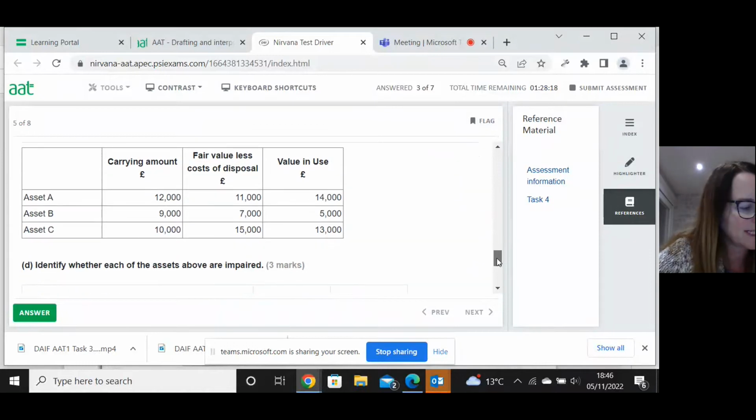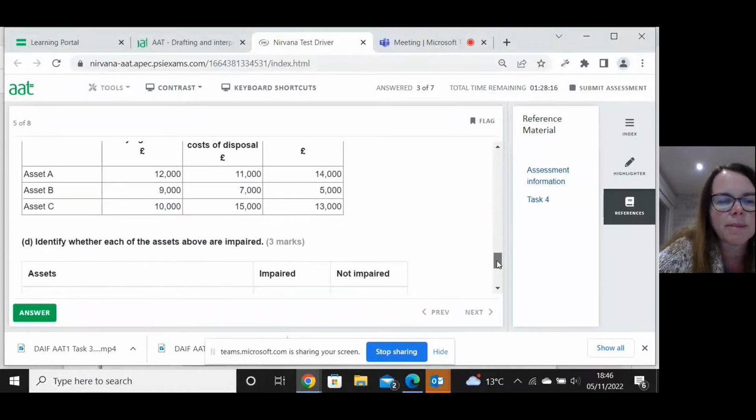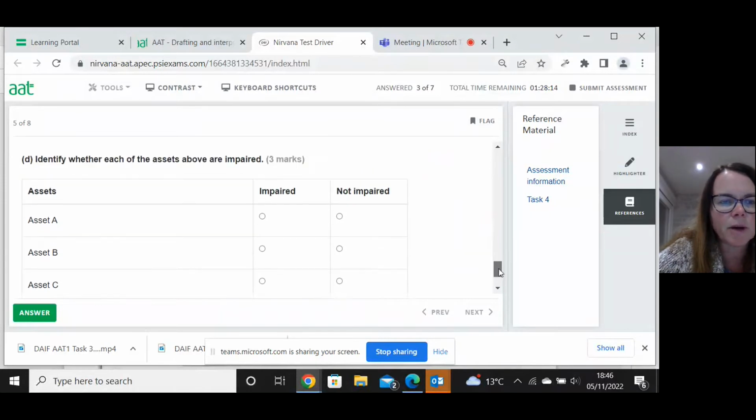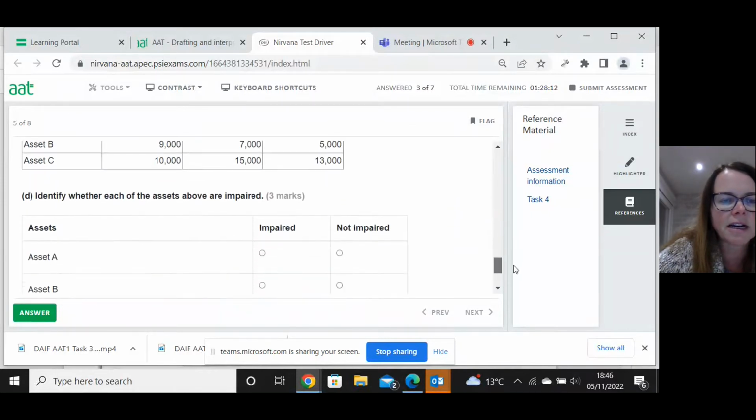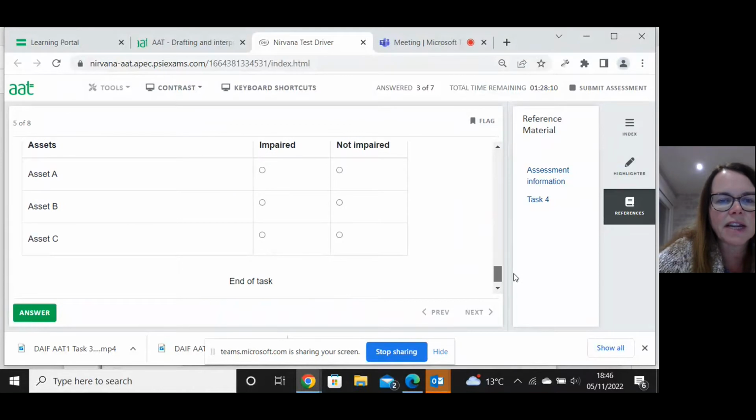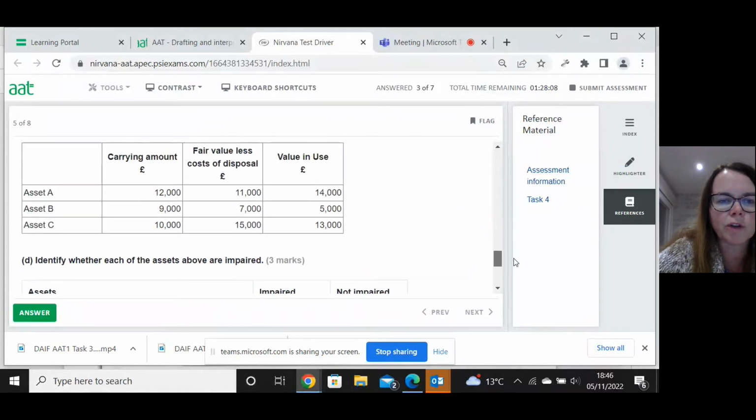Right, then we come on to part D. So this is about impairment. This is the last one in this task. So it's asking us, have these 3 assets been impaired or not? So impairment compares the carrying amount with the recoverable amount, and the recoverable amount is the higher of the fair value, less cost of disposal, and the value in use.